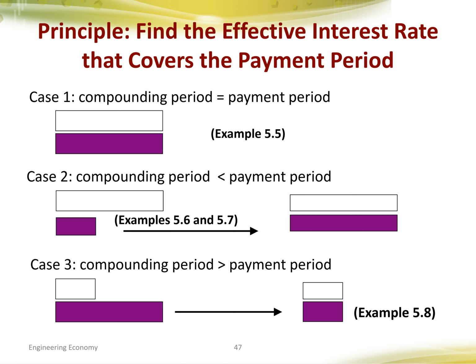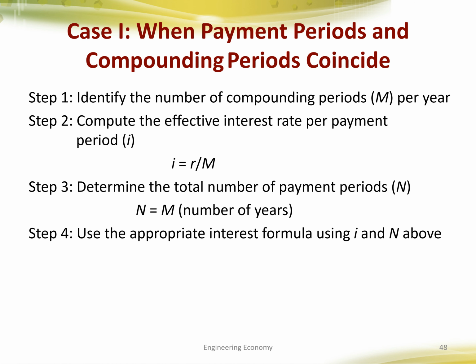Either way, for case 2 or case 3, we need to be able to convert the effective interest rate so that it will cover precisely the payment period. So if we look at the first case, again, this is the simplest case where the payment periods and compounding periods coincide. So we just need to use either a payment period or a compounding period as a basis for computation.